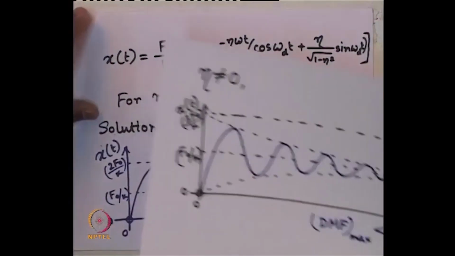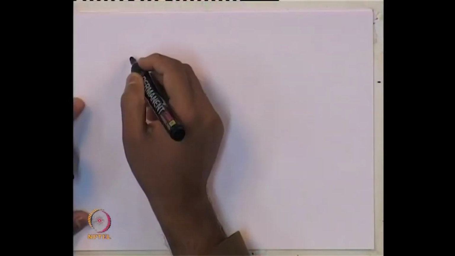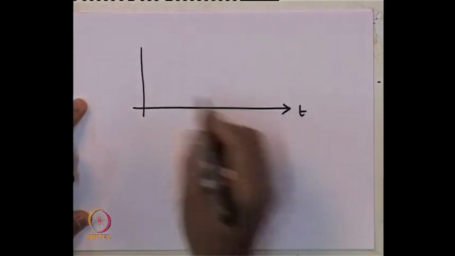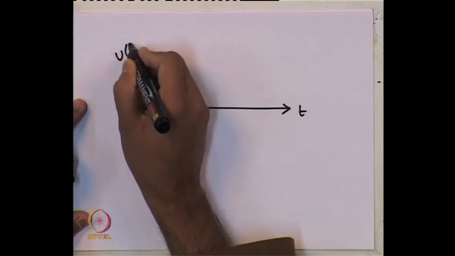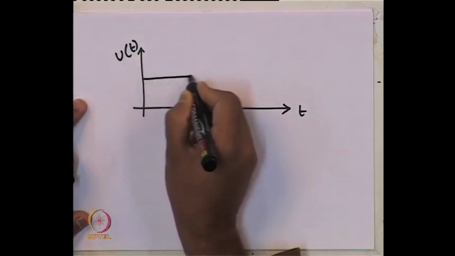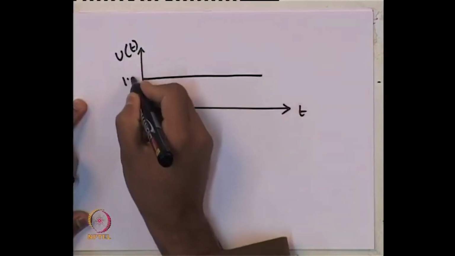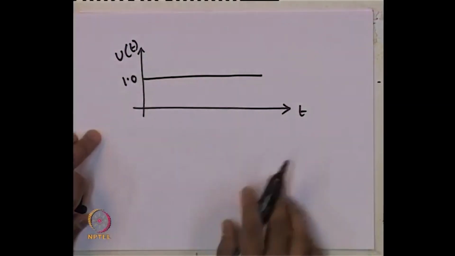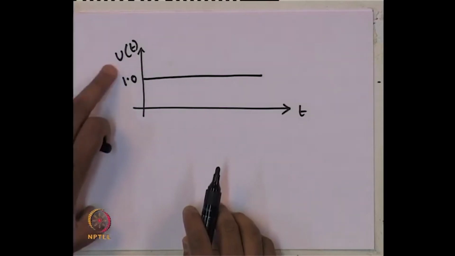Now, there is some mathematical expression or terminology which is used for this kind of response. Let me now give you that. If we have u of t, which is nothing but a unit load acting constantly with respect to time, that we have expressed as Heaviside step function, u of t.